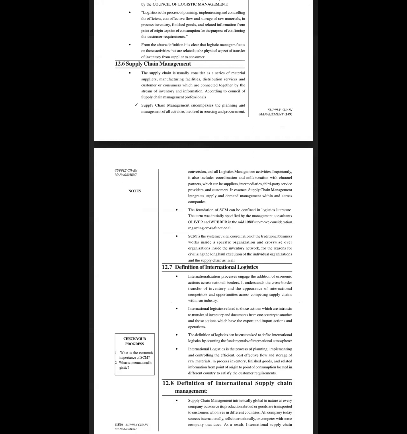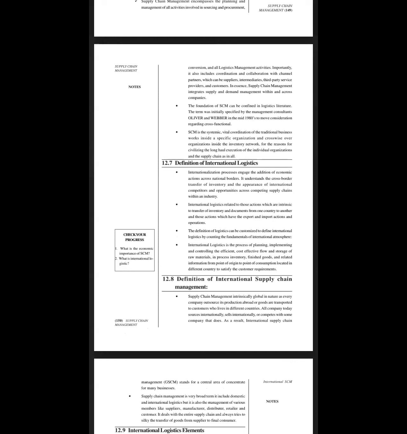The foundation of supply chain management can be found in logistics literature. It was initially specified by the management consultants Oliver and Webber in the mid 80s, and is more considerable regarding cross functional.